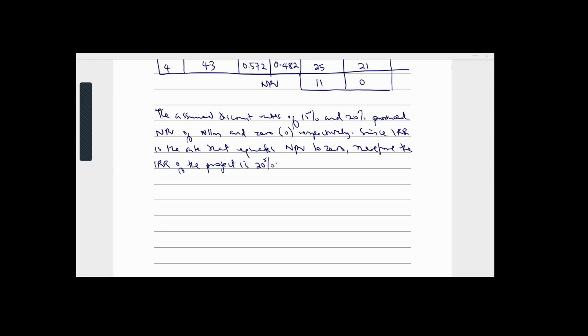All right, so what are you supposed to do in this situation? Very simple. The examiner has given you the information to calculate CAPM. So the first thing you need to do is to calculate the CAPM of the project.